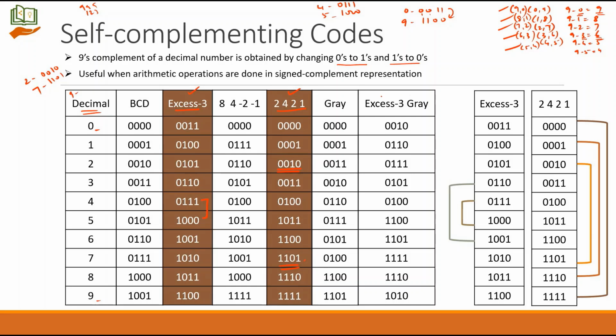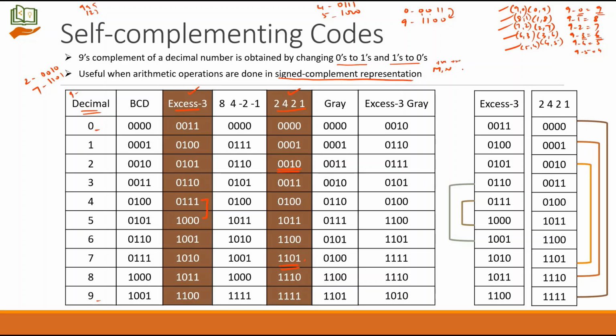They are useful when arithmetic operations are done in signed complement representation. What is this? This will be discussed later in this series. But to give a short intro, so far we have done arithmetic operations or subtraction using complements only with positive numbers. We have not dealt with negative numbers. The minuend, the subtrahend, the addend and the augend, everything is positive.